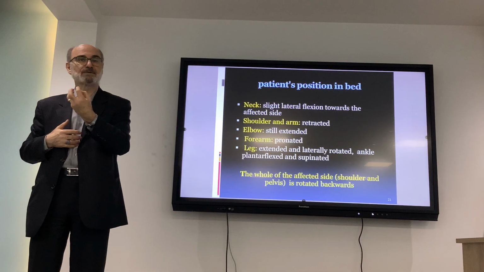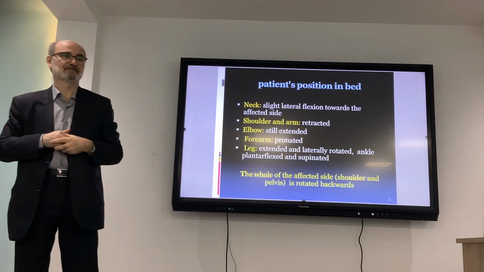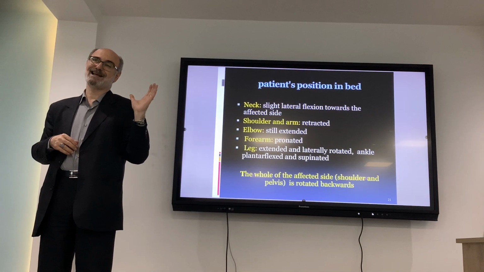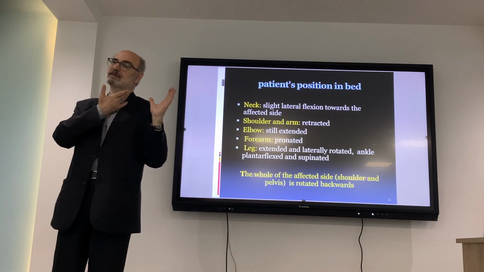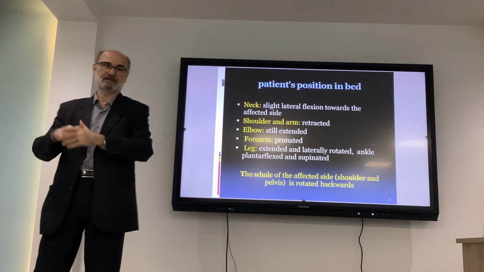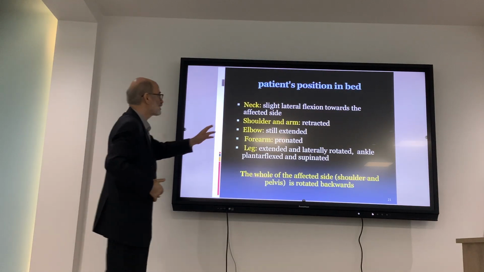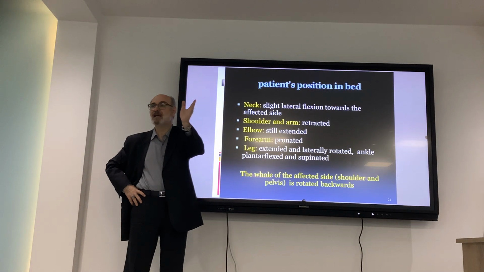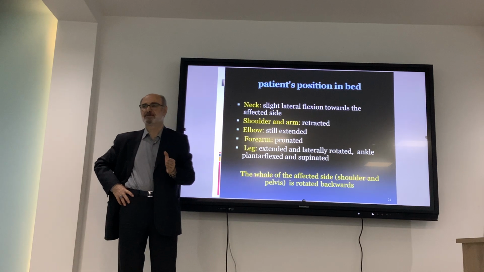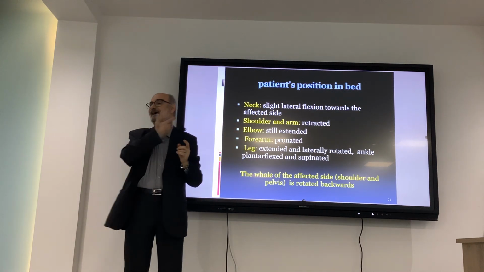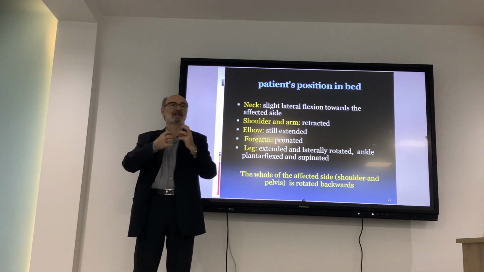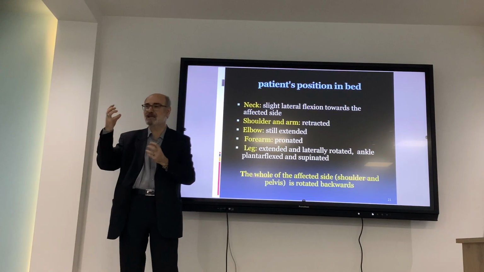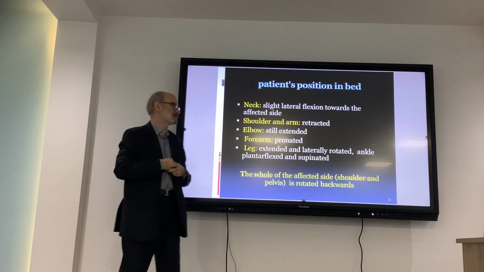In fact, he is watching the sound side. If we don't pay attention to this, this will lead to neglect or hemianesthesia, because there is a lateral flexion towards the affected side. Therefore, the patient is vulnerable to neglect and hemianesthesia of the affected side.